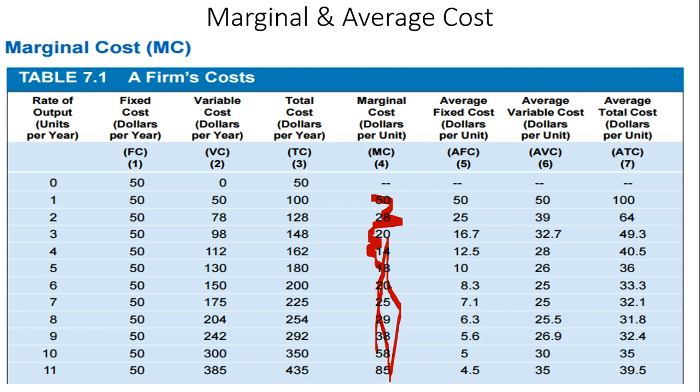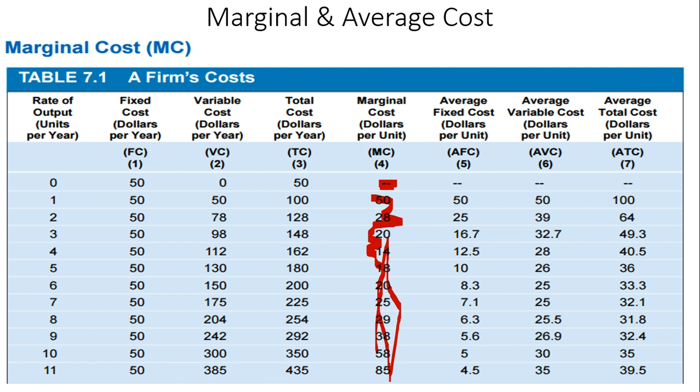So for instance, when total cost is 50, it makes more sense that the marginal cost should be nothing. That's why there are those two bars there. It just shows that there's nothing whatsoever.